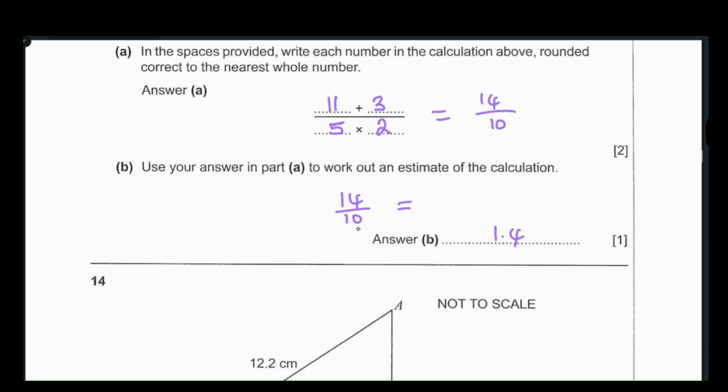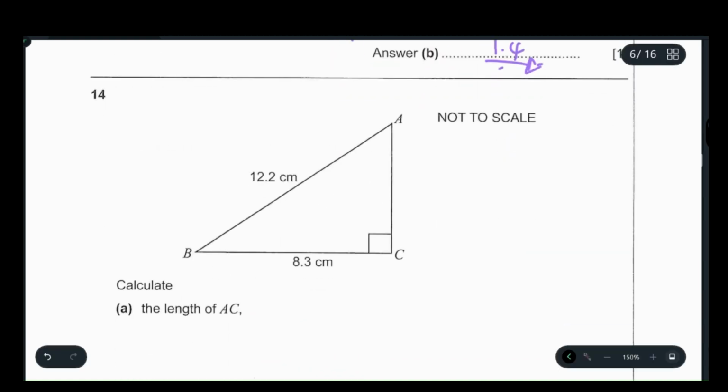How did we get that? Well, how many times does 10 go into 14? 1 time. Remainder 4. How many times does 10 go into 4? 0. Put the 0 there and say how many times does 10 go into 40? That is 4 times. 1.4.